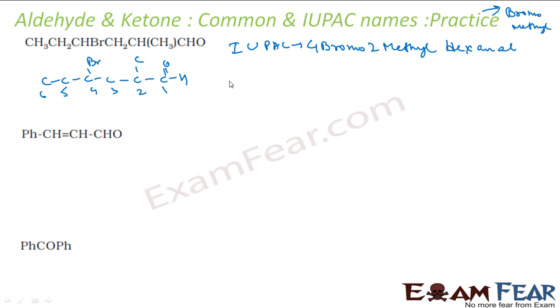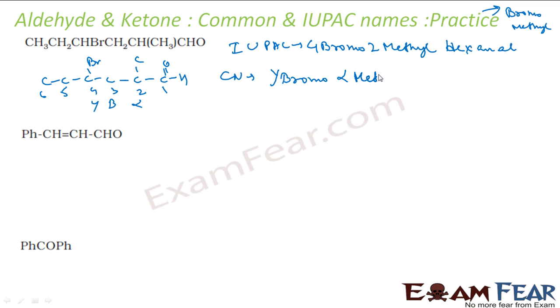The next is the common name. Let's try the common name. This is my carbonyl carbon, this is my alpha, this is my beta, this is my gamma. So at gamma I have bromo. Same logic: instead of 4-bromo it's gamma bromo. Instead of 2-methyl it will be alpha methyl.